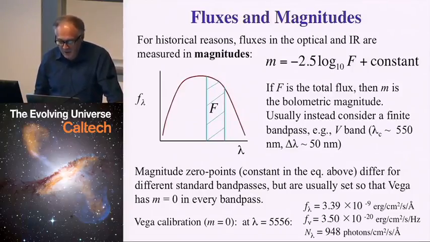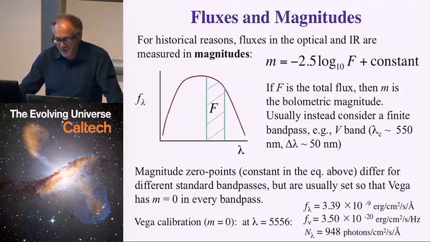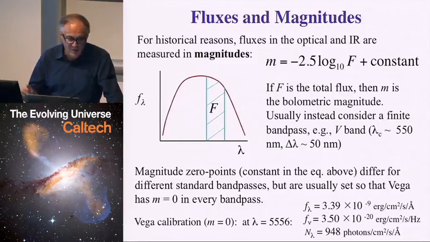But a handy way to get some idea is that for visible magnitudes, for Vega, 0th magnitude is roughly 1,000 photons per second per square centimeter. And if you like Janskys, that's about 3,500 Janskys. All these things are tabulated in the proper places, so if you actually ever need to do it, you look it up.